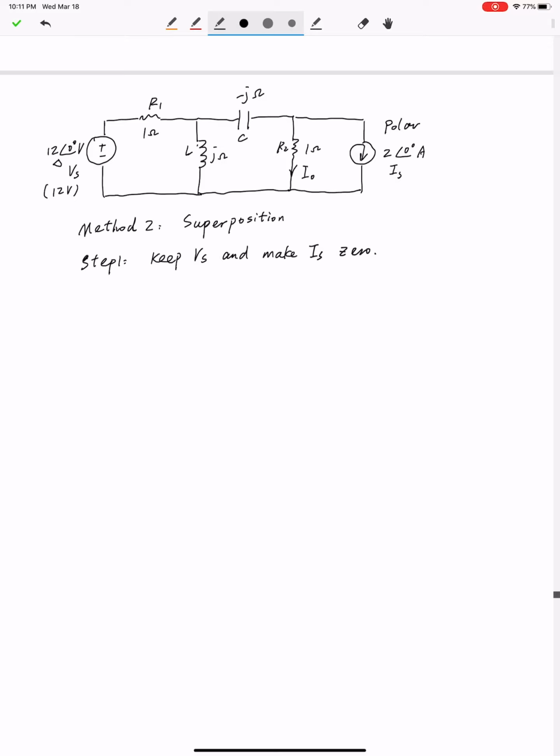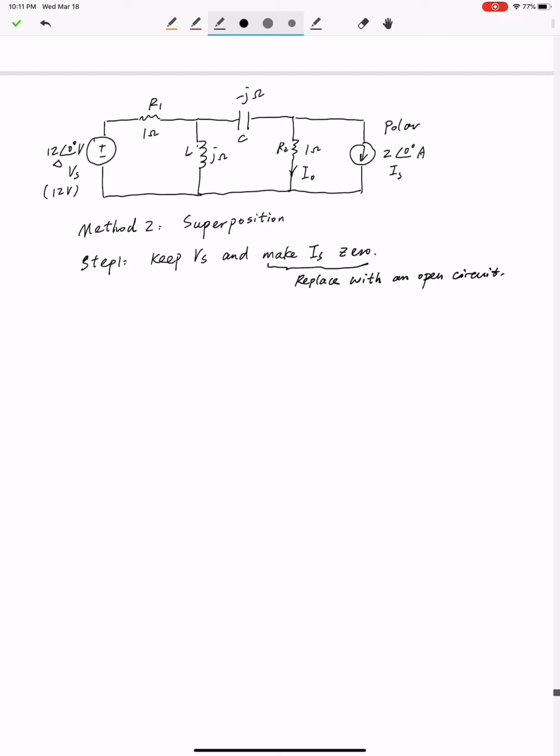So some people may ask how to make a current source 0. Although I have repeated it several times, to make a current source 0, you need to replace it with an open circuit, right?